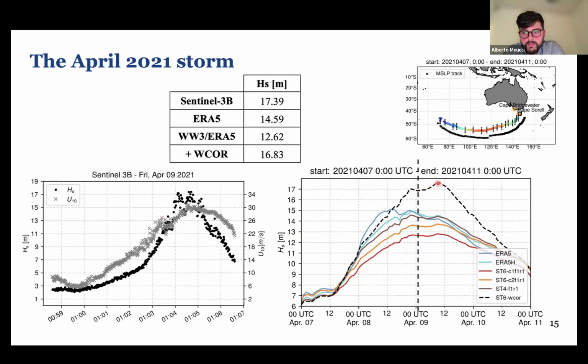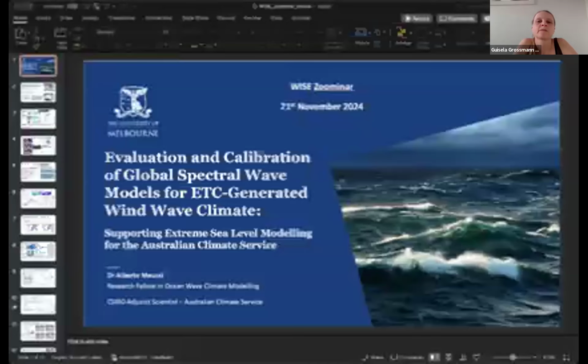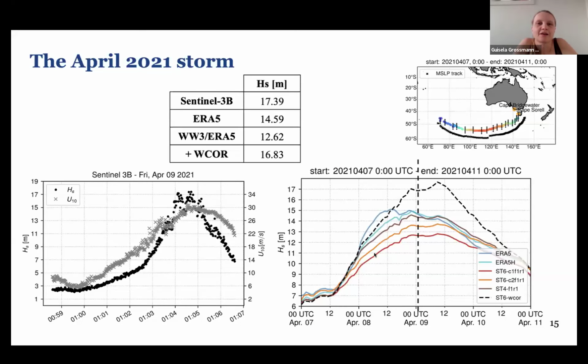And that's just the response of the wave model to two different stages of the extratropical cyclone. So these movements are not regular. As far as I could see from here, they kind of slow down and then they pick up again. And that was the case. Oh, okay, thanks. I got it.